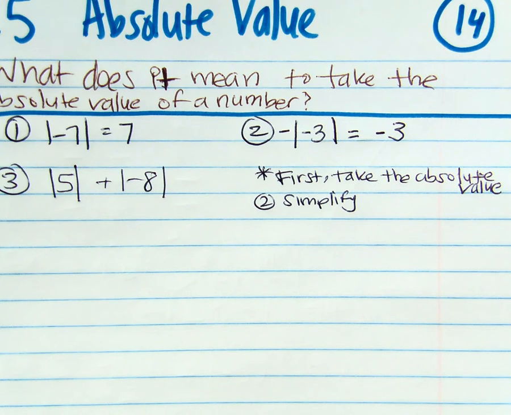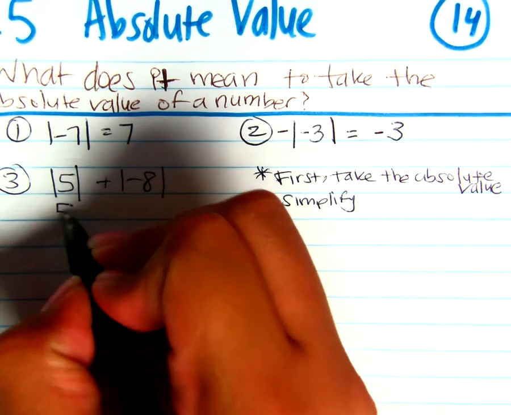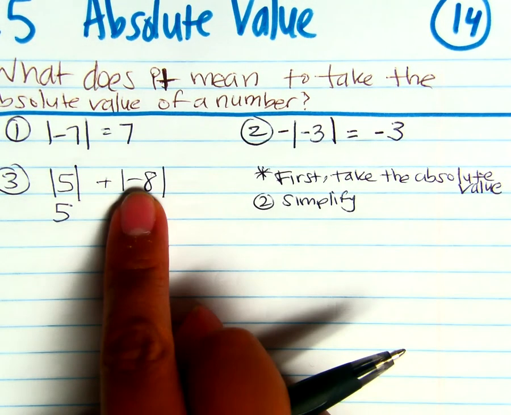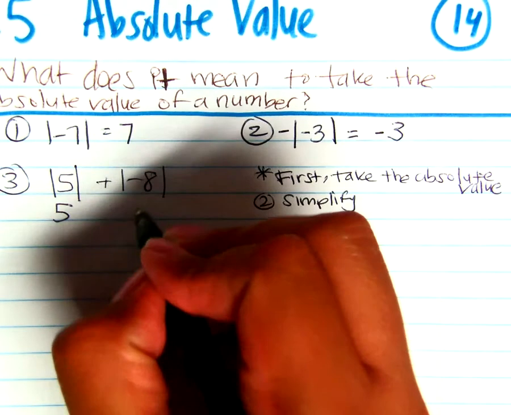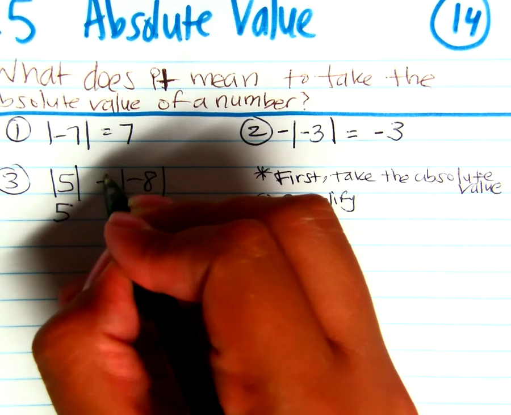So if we take the absolute value, what's the absolute value of 5? 5. And then what's the absolute value of negative 8? 8.